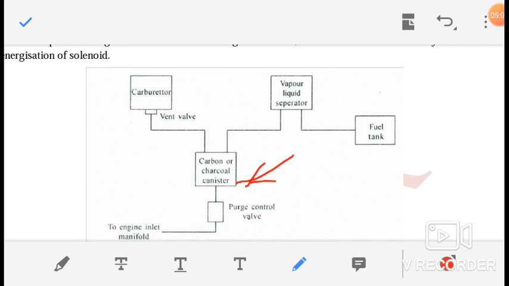So one line is connected towards the tank like this, and one more line is connected to the carburetor.